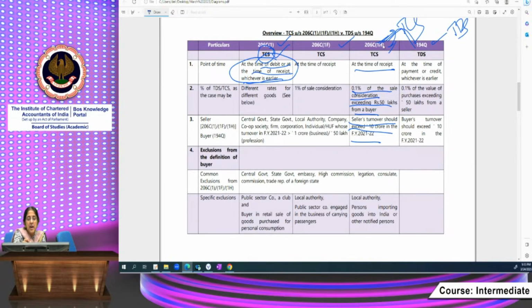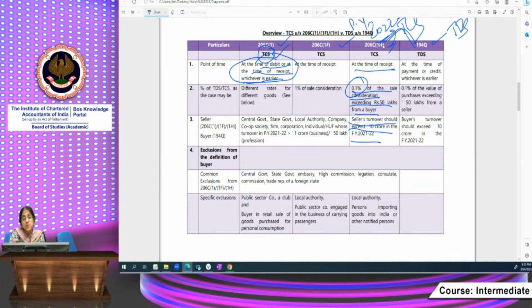Now we are talking about previous year 22-23, so the immediately preceding financial year is 21-22. So the seller's turnover should exceed 10 crore in 21-22, and in the current year the sale to a particular buyer should exceed 50 lakhs. Then TCS under 206C(1H) will be attracted at 0.1%.